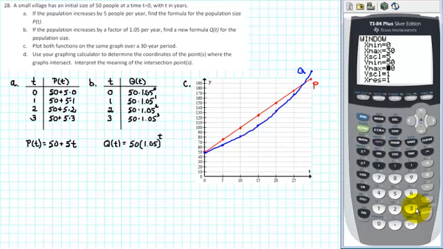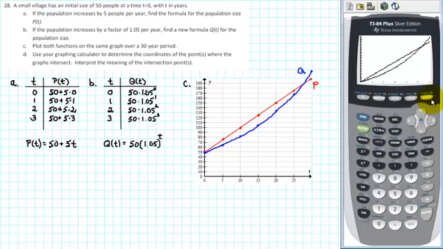And for y maximum, the maximum population for q of t was about 216, so we'll enter something just a little bit bigger than that, like 220. And I'm going to suggest an increment of 10. Sketch the graphs. Notice that they look like the ones that we just drew.